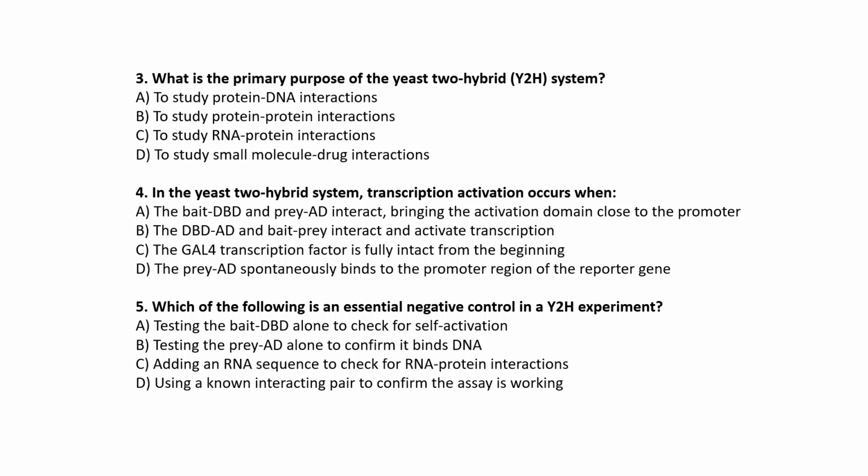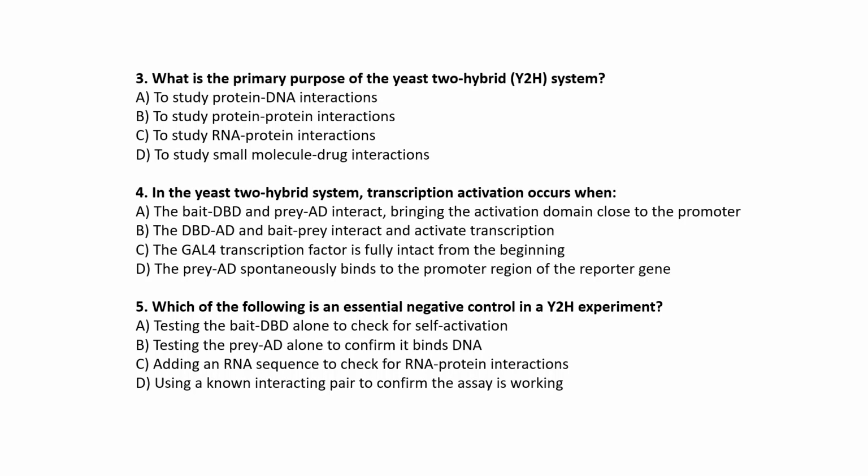So you need to make sure there is no self-activation at baseline. That's why the answer here is A. If you express bait with DBD alone and test it, you can check whether on its own it is causing transcription activation without any prey involved.